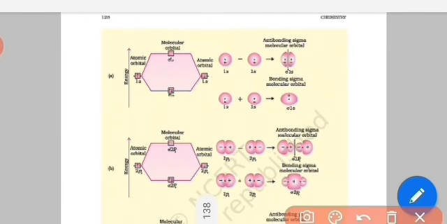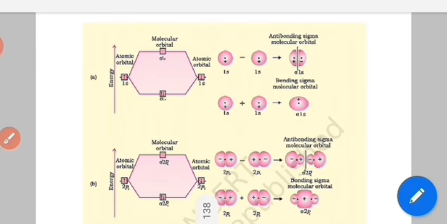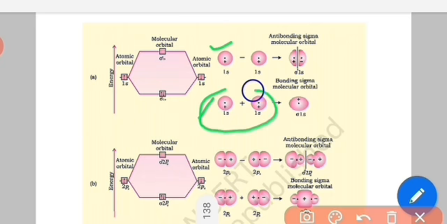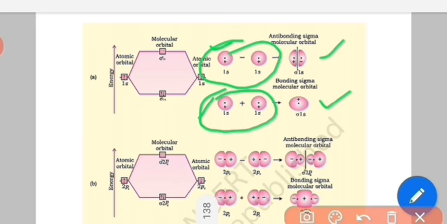Now let us see how bonding and anti-bonding molecular orbitals are formed. 1s can combine in two ways. Addition of 1s atomic orbitals gives bonding molecular orbitals, and subtraction of 1s atomic orbitals gives anti-bonding molecular orbitals. Addition means this gives more electron density near the nucleus.